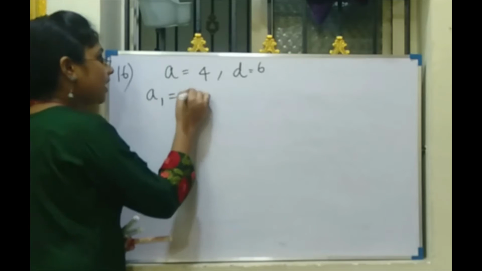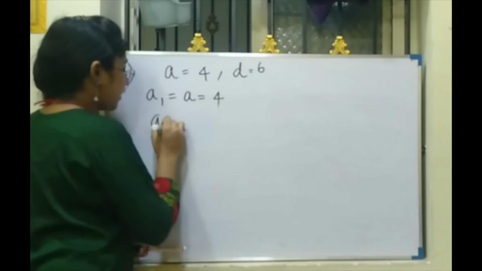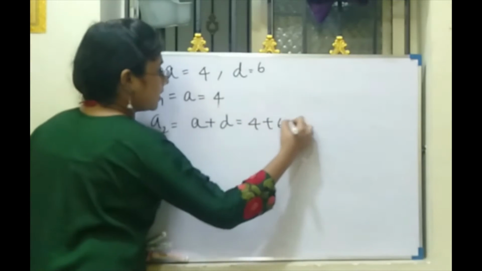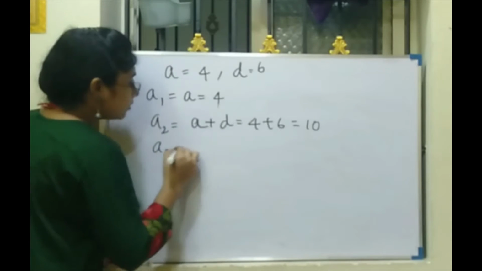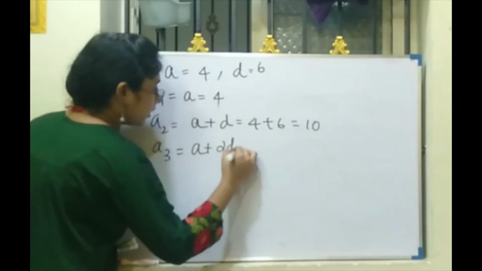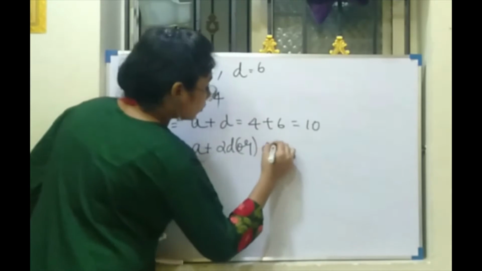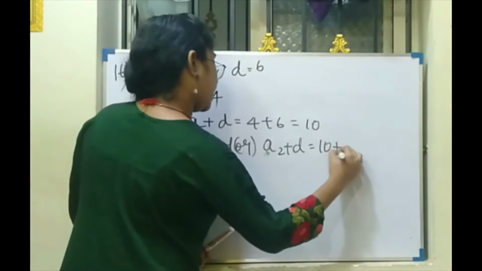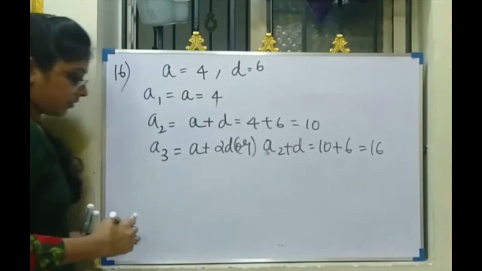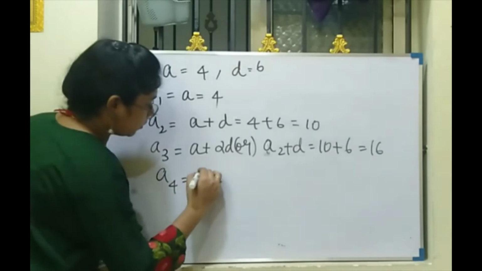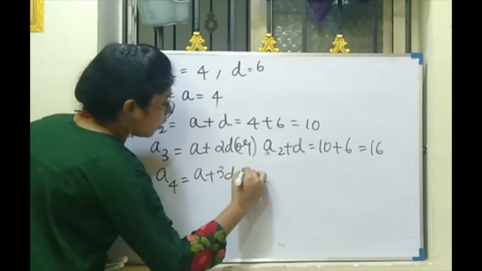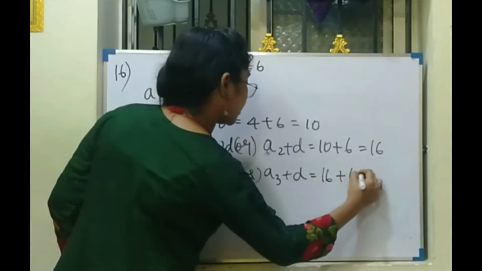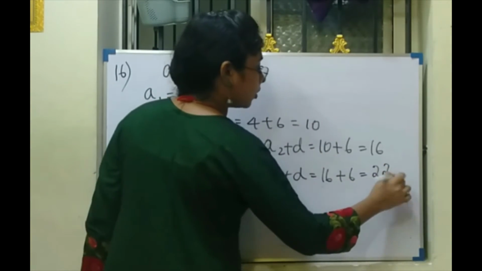Now the first term is A, which is equal to 4, and the second term is A plus common difference D, which is equal to 4 plus 6 and equal to 10. A3 is A plus 2D or A2 plus D, which is equal to 10 plus 6 as equal to 16. A4 is equal to A plus 3D or A3 plus D, which is equal to 16 plus 6 is equal to 22.